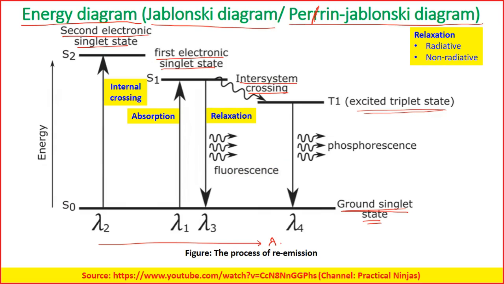What happens is that all the molecules initially are at the ground singlet state. We all know that molecules are constituted of electrons, and the electrons appear in pairs in an anti-direction manner.